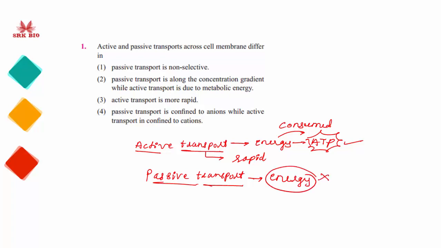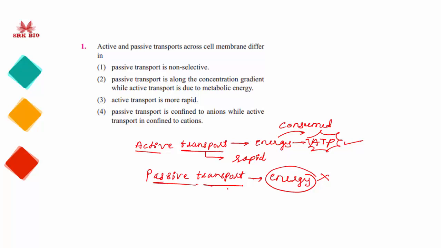No consumption of energy or energy is not utilized as compared to active process. The passive transport is a little bit slow. So active transport compulsorily the energy is utilized in the form of ATP, and in passive transport there is no need of using the energy.